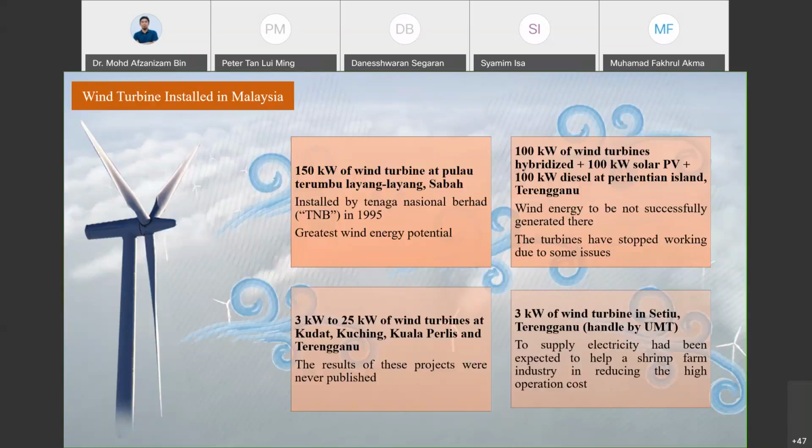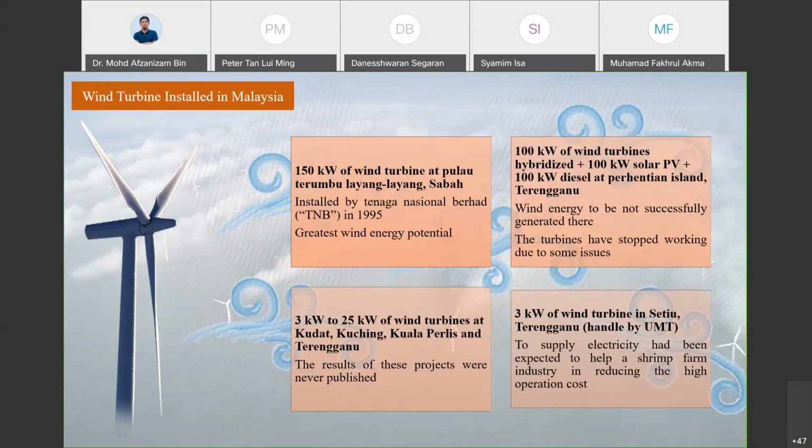Okay, then the fourth one is a 3 kilowatt wind turbine in Setiu, Terengganu. This project is handled by UMT. It was used to supply electricity to help the shrimp farm industry reduce the high operation cost.